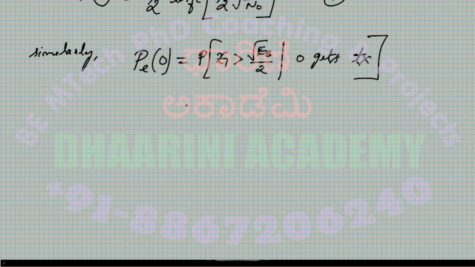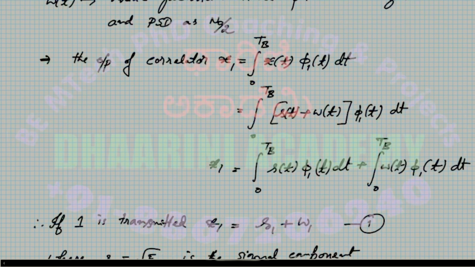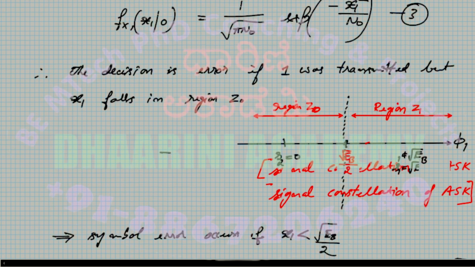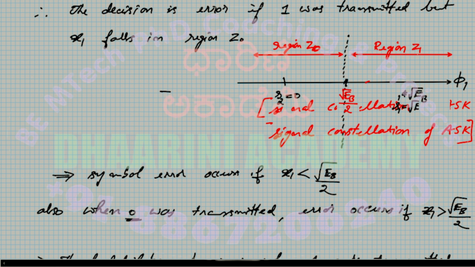So let's try to do the similar calculation now. This means, from where to where should you integrate? Can you tell me the limit of the integration? Consider this diagram: the symbol falls in region 1 and the symbol sent was 0.